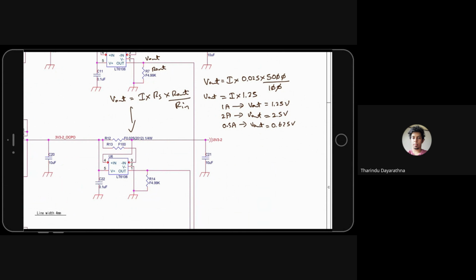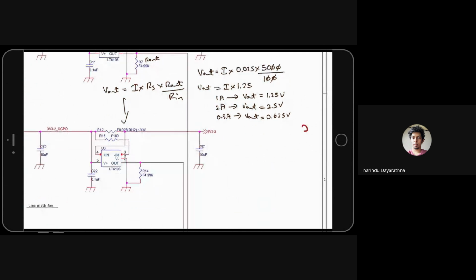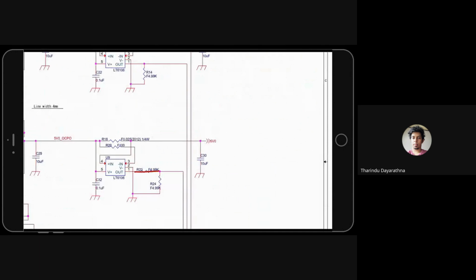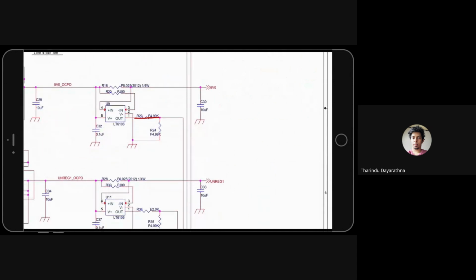I forgot to tell, our ADC reading range should be 0 to 3.3 volt. 2.5 is within this range, so we don't need any voltage divider here. It was a mistake actually.